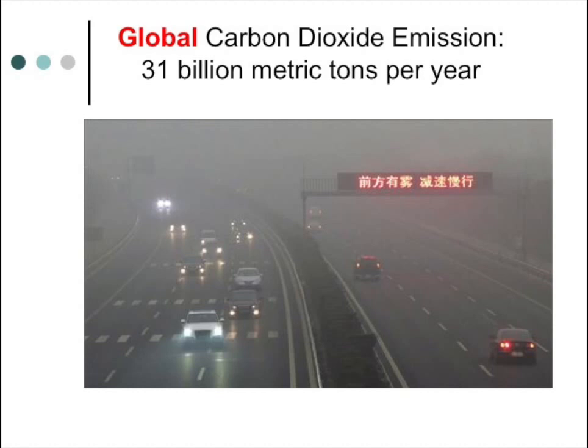We think of something being emitted into the atmosphere as a gas, which CO2 is, but now we're thinking of tons of it. But this is the number we'll use to try to keep track of it. So 31 billion metric tons. It's a lot. And even though it's still a trace gas in our atmosphere, it has a big impact on climate.